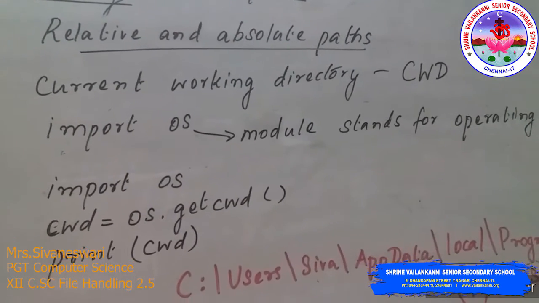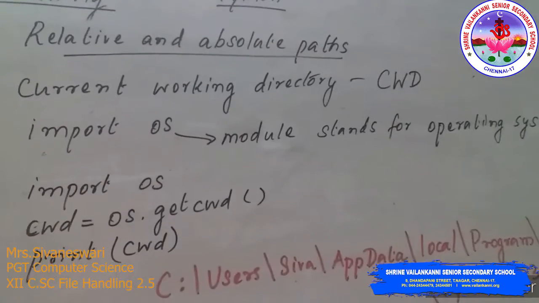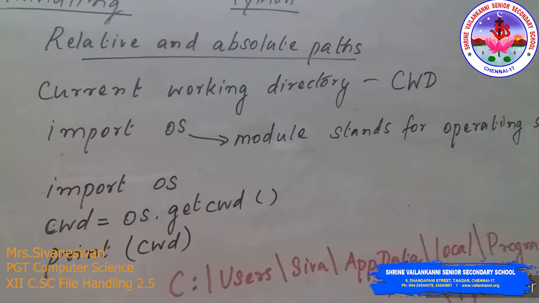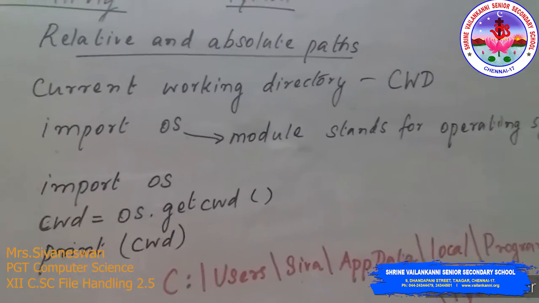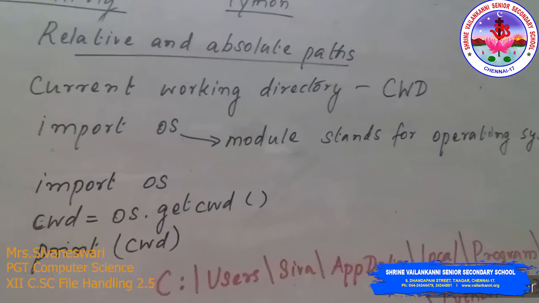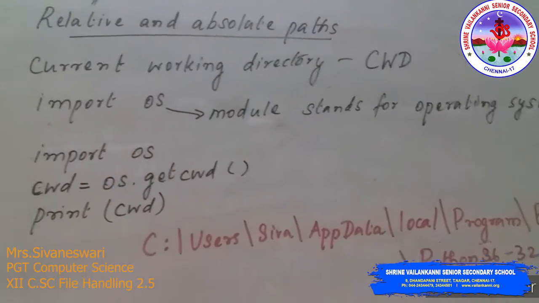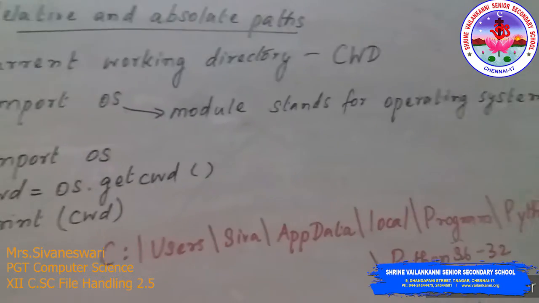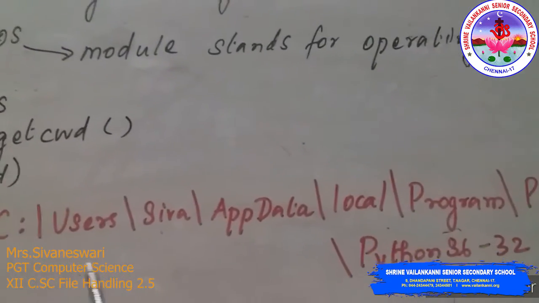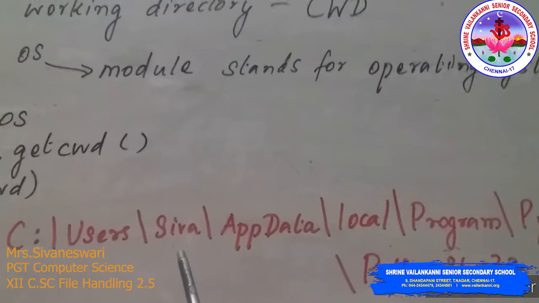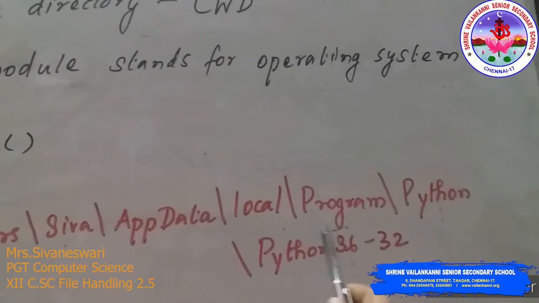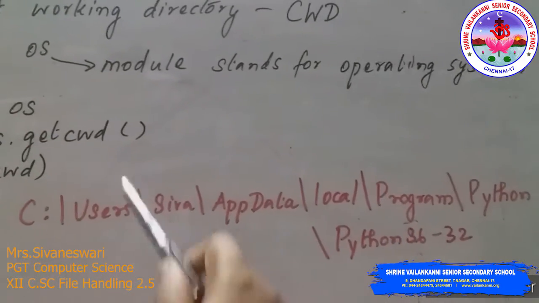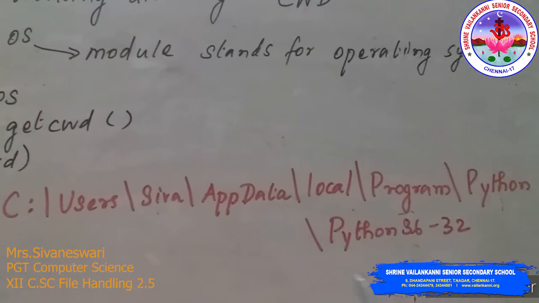Relative path and absolute path. A file system is usually organized into directories, or we call these directories folders. Whenever we want to locate some file when working with Python, the default path is C:\Users\username\AppData\Local\Programs\Python\Python36-32.